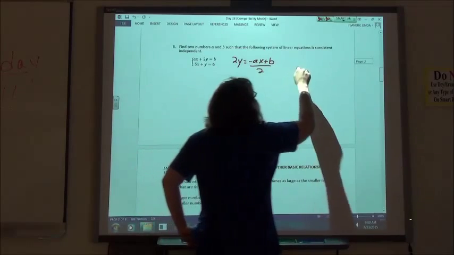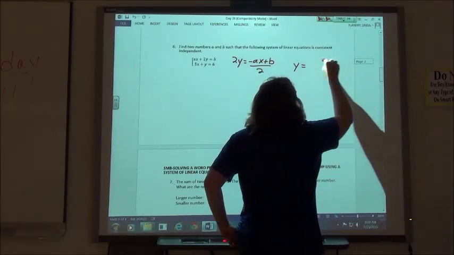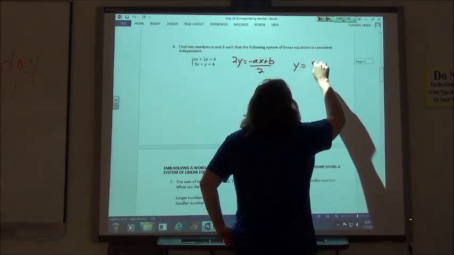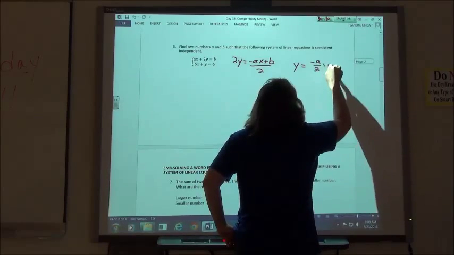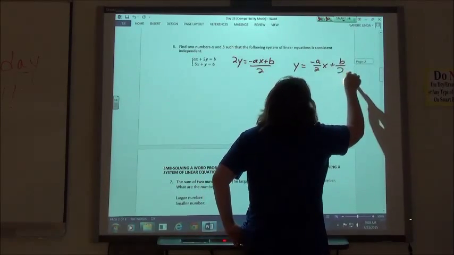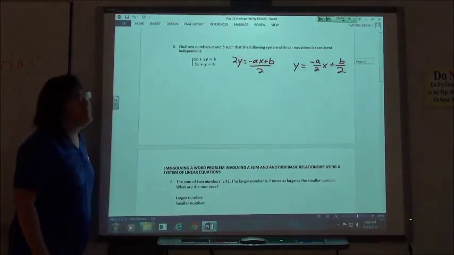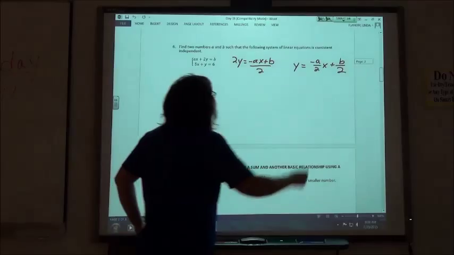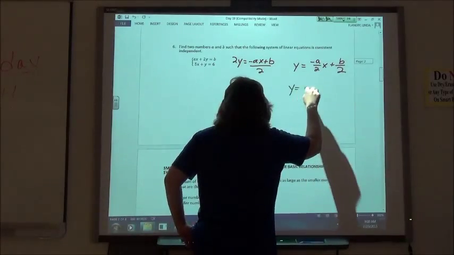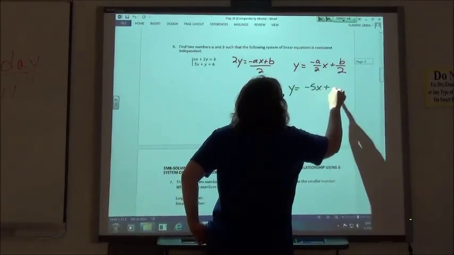Divide by 2, so y is going to equal negative a over 2 x plus b over 2. My second equation, solving that one for y. That one's an easy one to solve for y. y equals negative 5x plus 6.